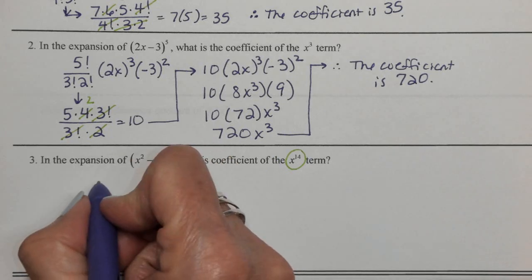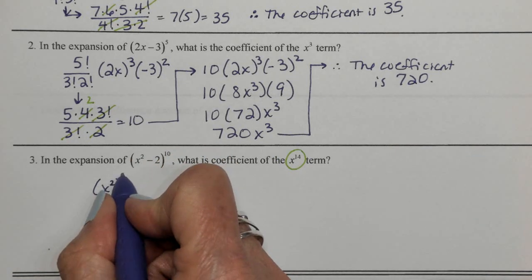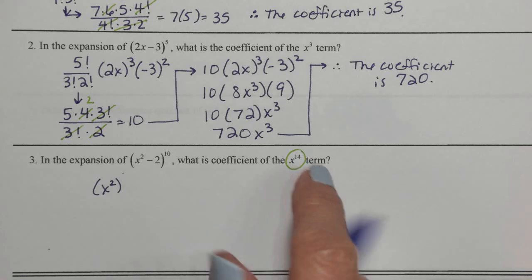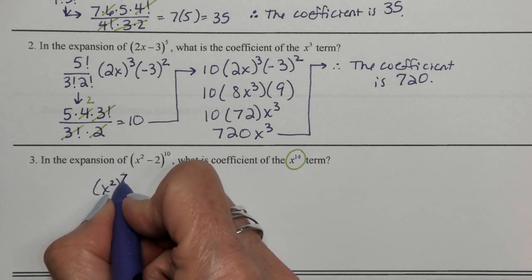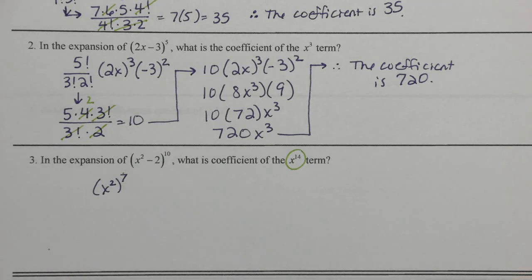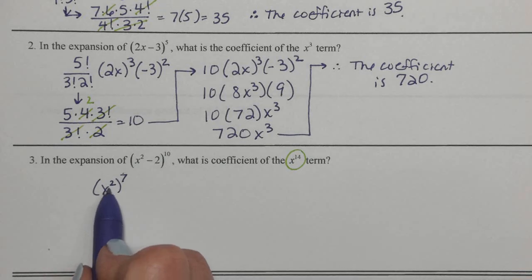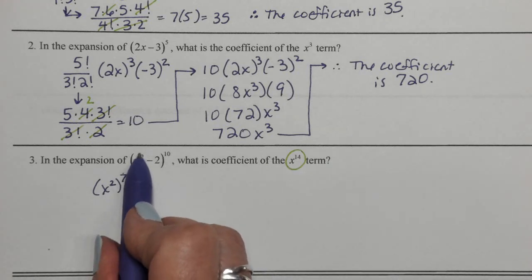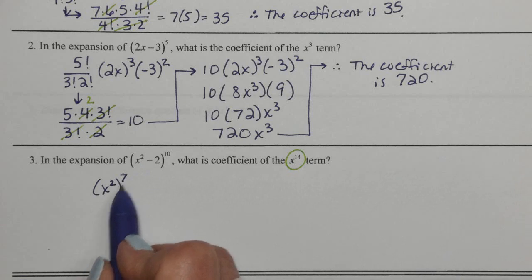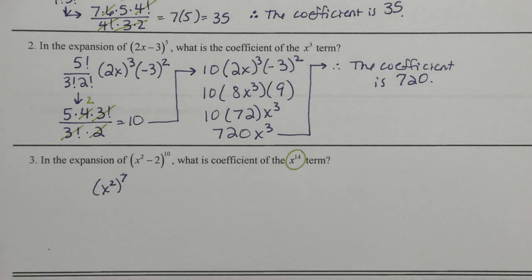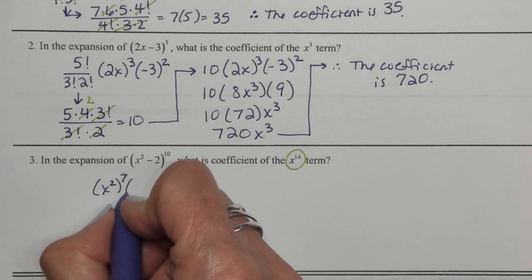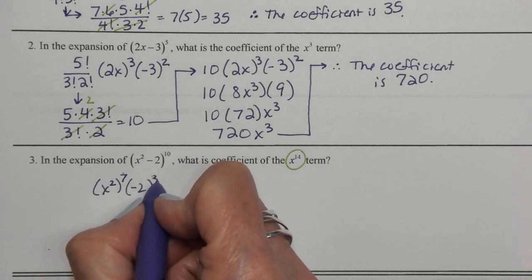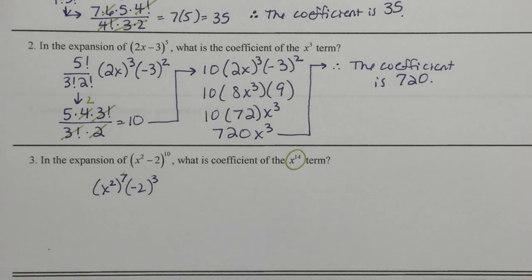So, question, what do you raise that x squared to get to the 14th exponent? Well, when you have a power to a power, you multiply the power. So x squared to the 7th is x to the 14th. So we're taking the x squared that we start with, and we're raising it to the 7th to get that 14. That means this negative 2 is going to be raised to what power? 3, because those powers add to 10.